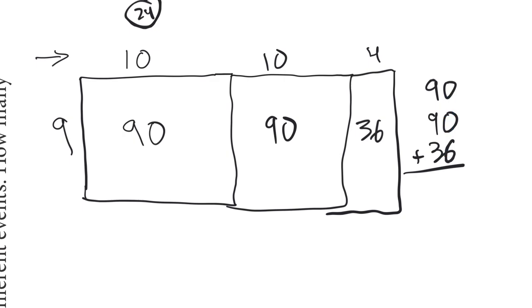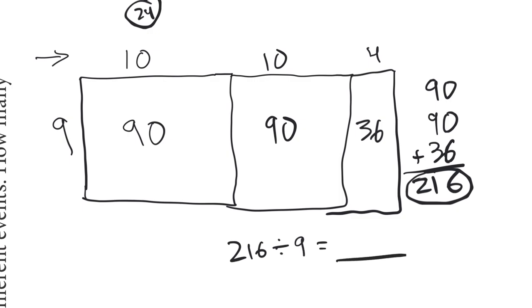0 plus 0 plus 6 is 6. 9 plus 9 is 18. 18 plus 3 is 21. Whoa, that was the number of students we had. So if you remember, 216 divided by 9, sorry, my brain stopped working for a second, is what number?